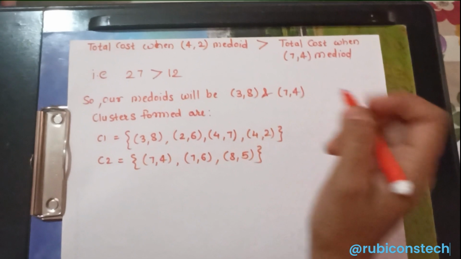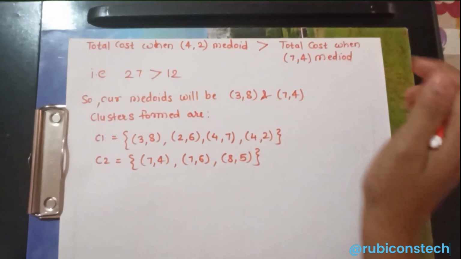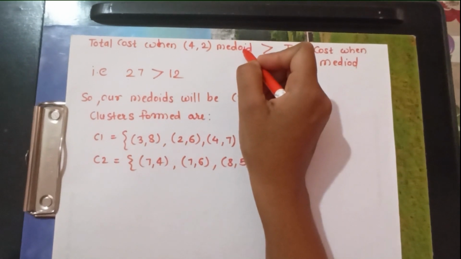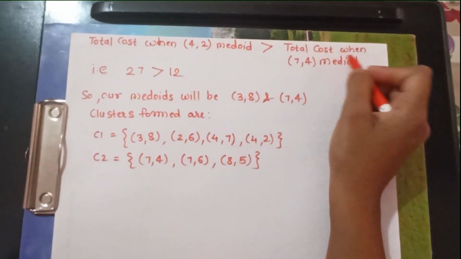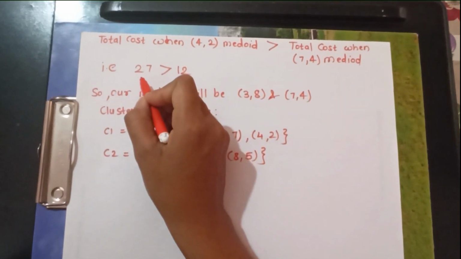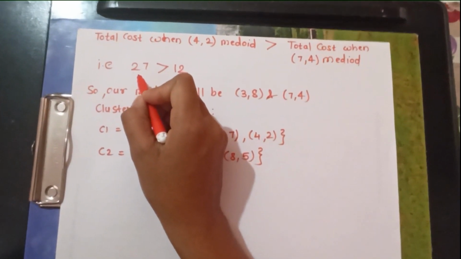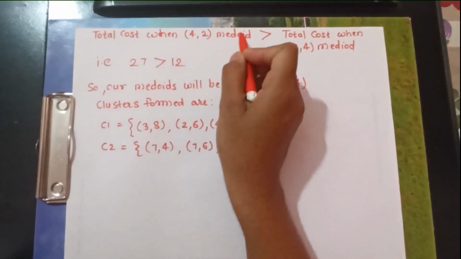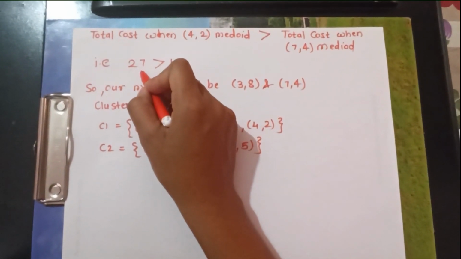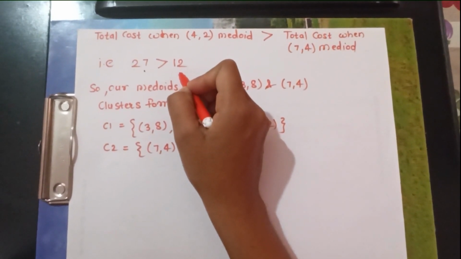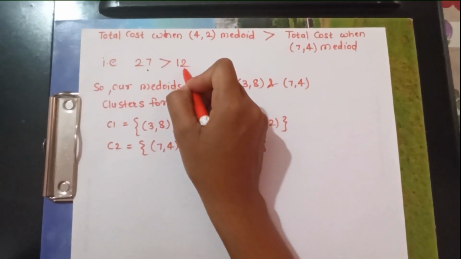The last step was to compare your total cost. The total cost when 4, 2 was the medoid is greater than the total cost when you have 7, 4 as the medoid. As we have calculated in the above steps, the total cost when the medoid was 4, 2 is 27, and when we take 7, 4 as our medoid, the total cost is 12.